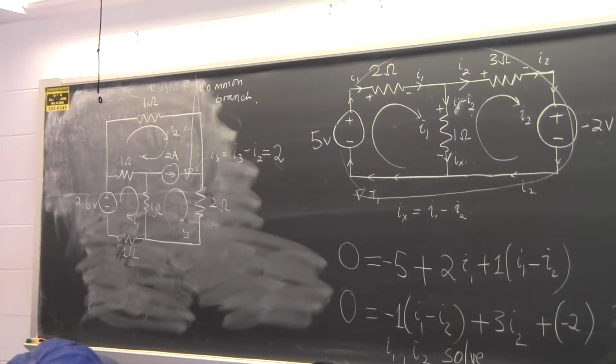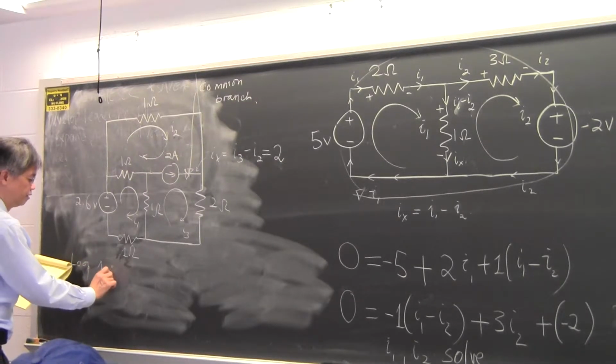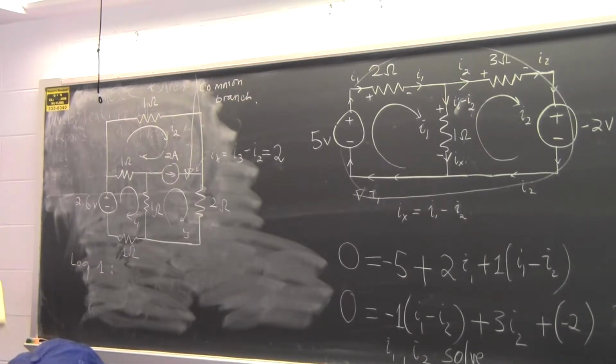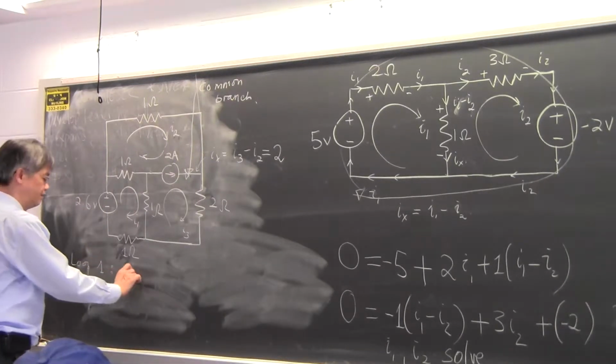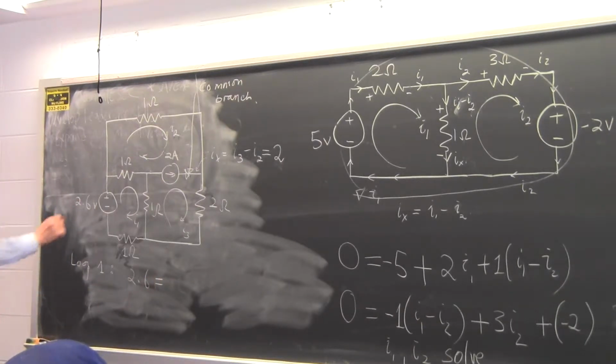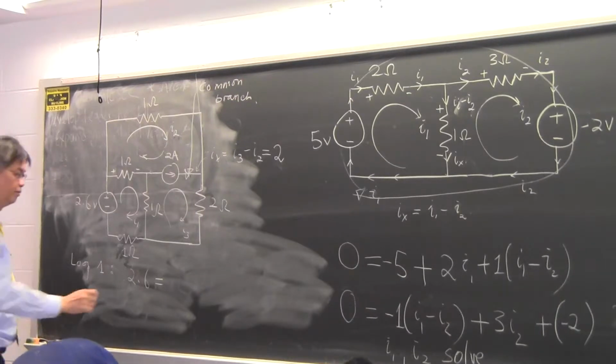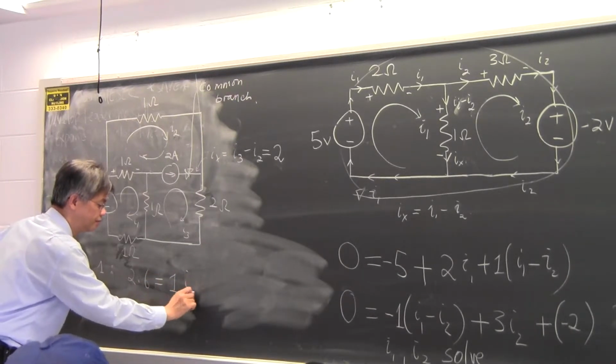And now we write KVL for loop 1. If we write the KVL, then we start with the voltage rise. We put it on the left-hand side. It's equal to the voltage drop on the first resistor, which is 1 times I1.